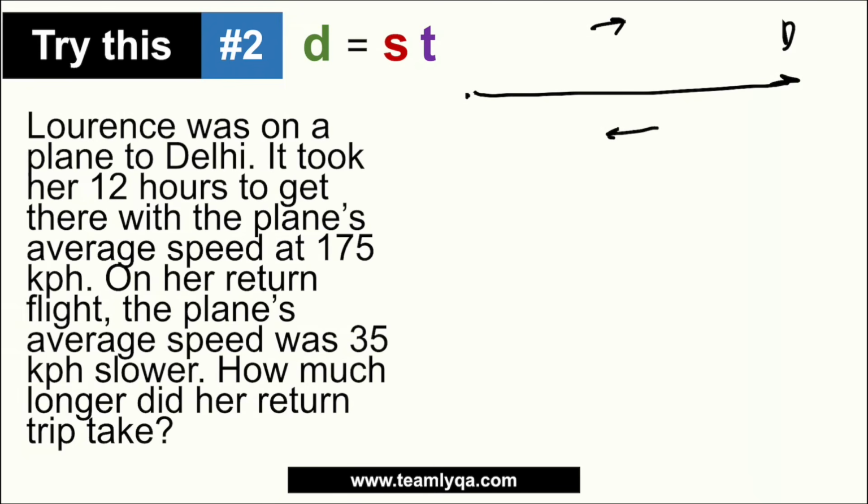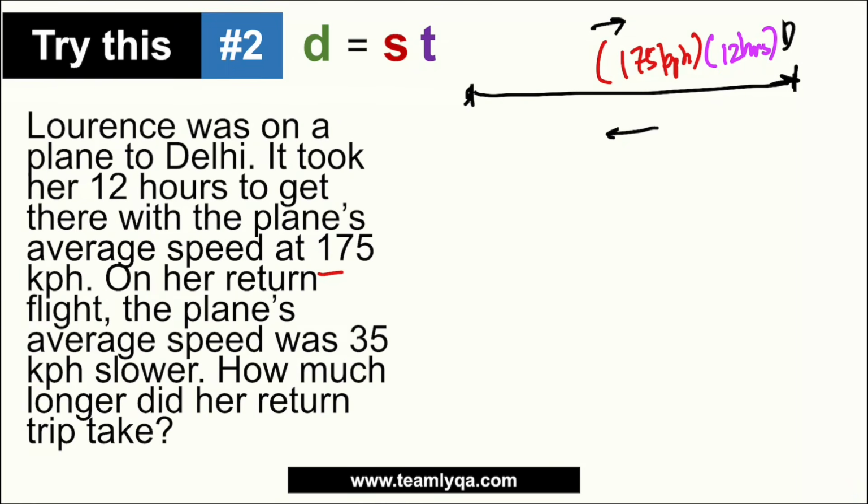So ilalatag natin yung information again sa tama na drawing kung saang part yan ng kwento. Sabi, nung una daw, it took her 12 hours to get there. Ibig sabihin, yung time na yan ay nasa biyahe papuntang Delhi. Lalagay natin siya sa taas. 12 hours. And ang kanyang speed ay 175 kilometers per hour. So, dito yon sa taas. Next, ang sabi, on her return flight, the plane's average speed was 35 kilometers per hour slower.